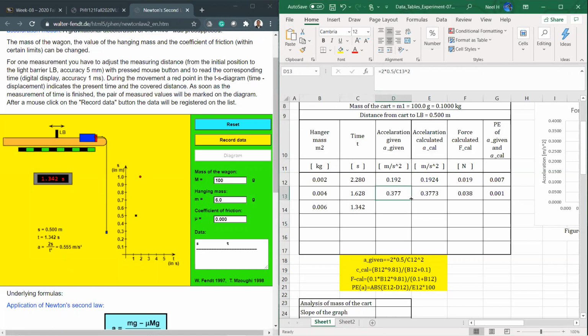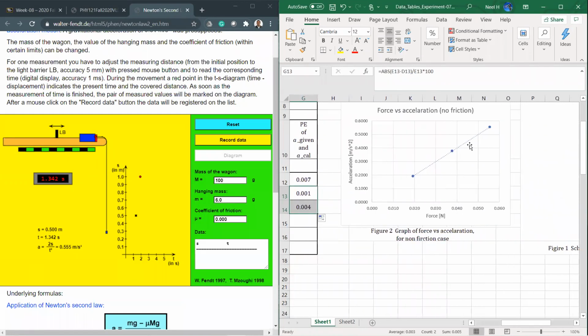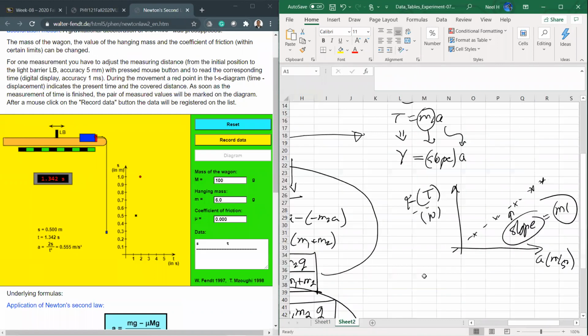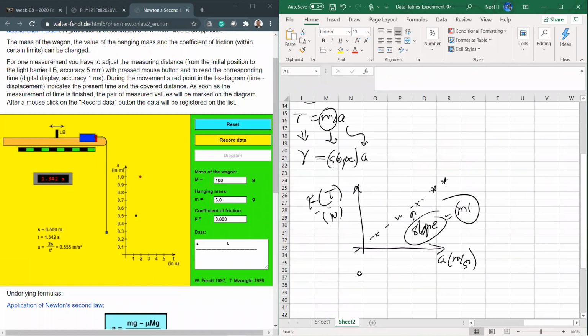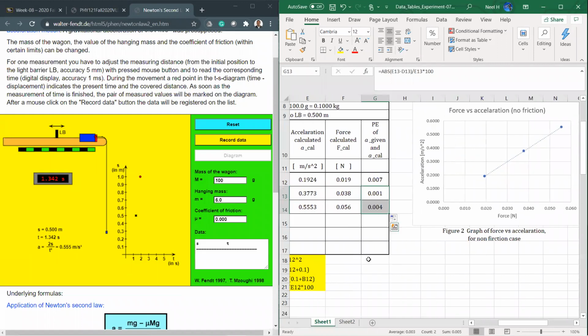Let's click this and drag, and check whether I'm getting the exact number. See, I did the calculation, 0.555. That's the same number given there. In all of these you can just click and drag the cell, which will do the calculation automatically. The graph should appear as you do the calculation. See that linear graph, which we were expecting, force versus acceleration.